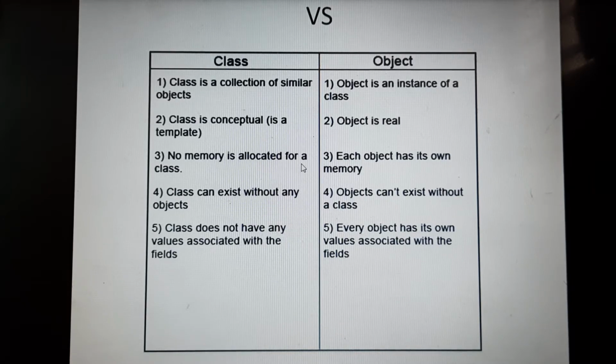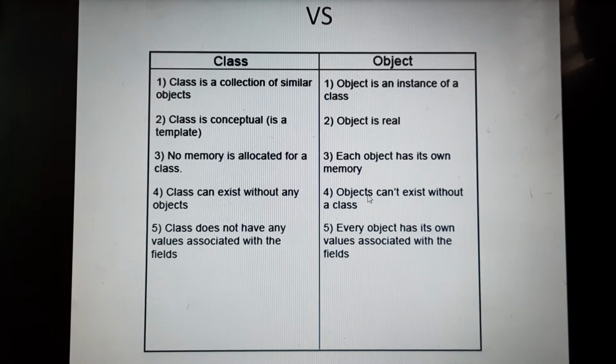No memory is allocated for a class. A class is just a theory, a concept, so no memory space is allocated for it. But whenever we create an object from a class, each object has its own memory. A class can exist without any object, as it is a concept, but an object can't exist without a class.